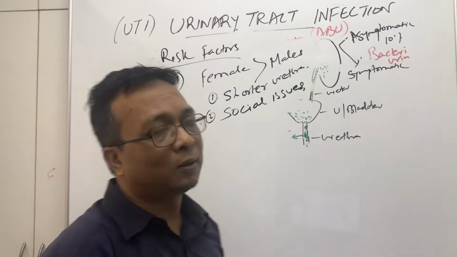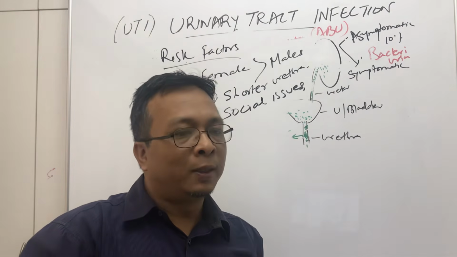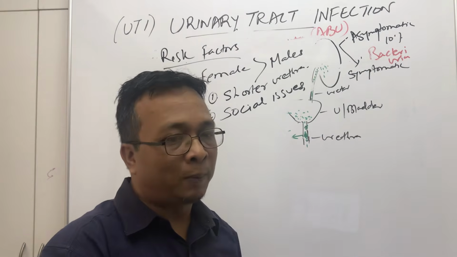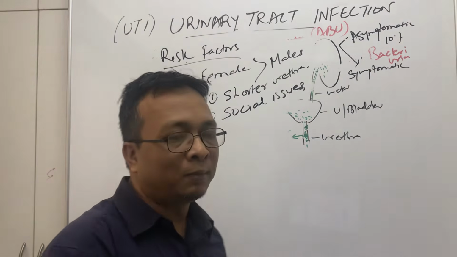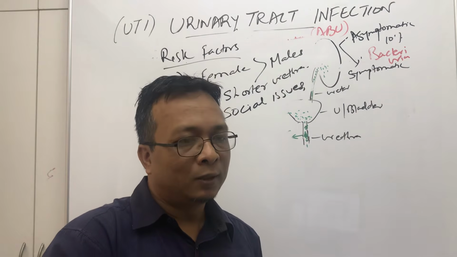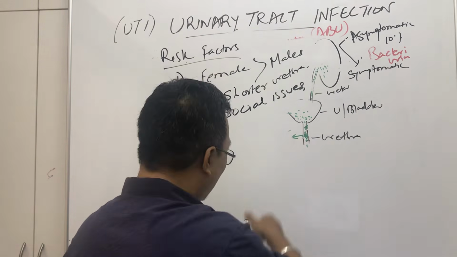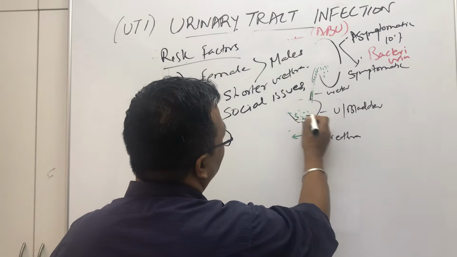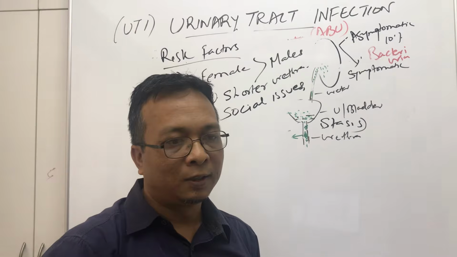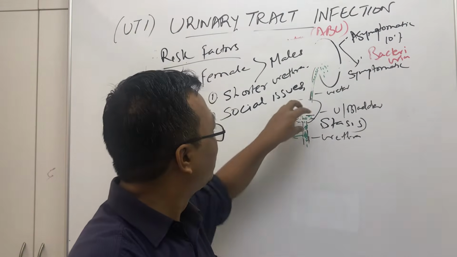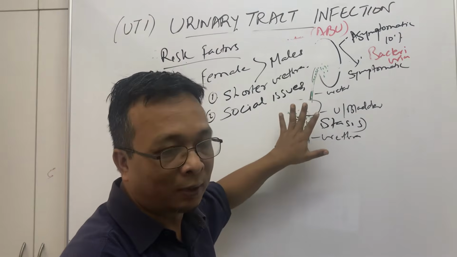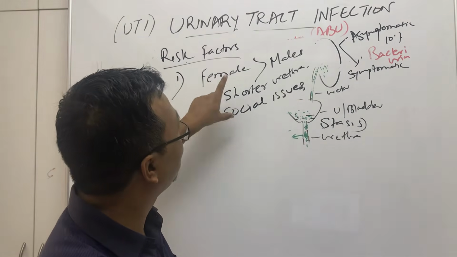Females cannot pee everywhere or empty their bladder everywhere; they need space, time, and proper privacy. So while traveling or on long flights, they often hold the urine. Whenever urine is held in the bladder, what we call stasis, there is a chance of developing infection. The more urine is held, the more the chance of getting infected and causing UTI. That's why it's common in females.